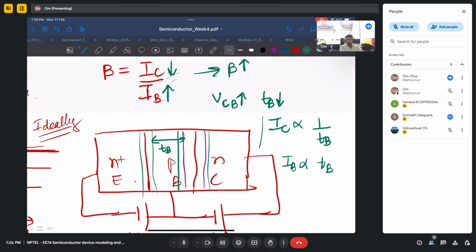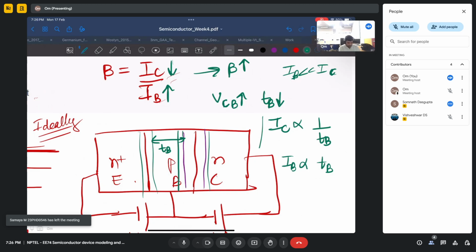Sir, IC depends upon the number of carriers available in the collector. IB is definitely much less than IC. In that case, sir, how does beta increase? Okay, this is confirmed, sir.